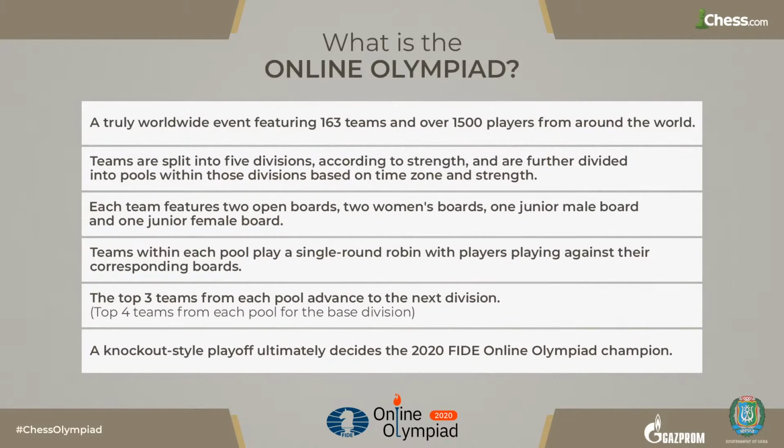First of all, it's a truly worldwide event. Over 150 teams, so 163 teams are taking part, and over 1,500 players from all over the world. Teams are split into 5 divisions according to strength and are further divided into pools within those divisions based on the time zone and strength.